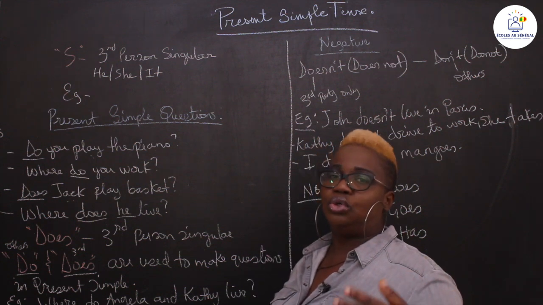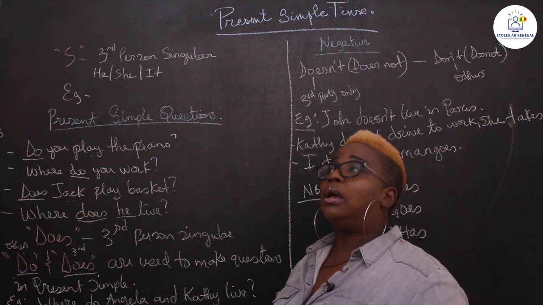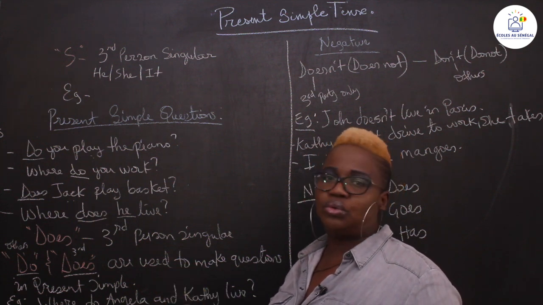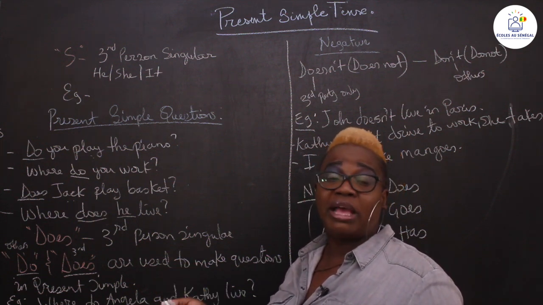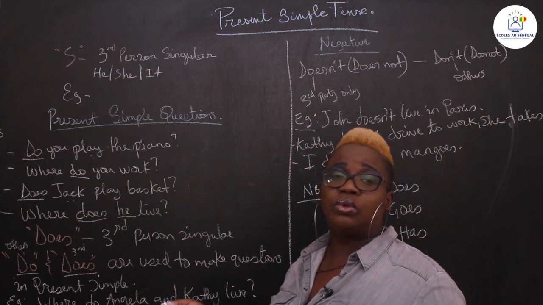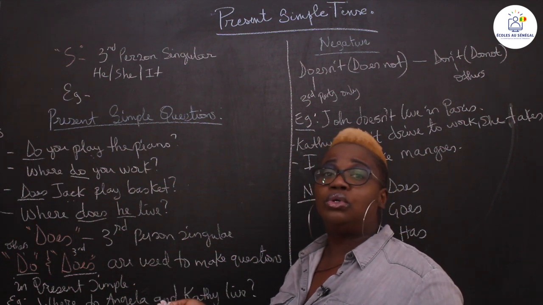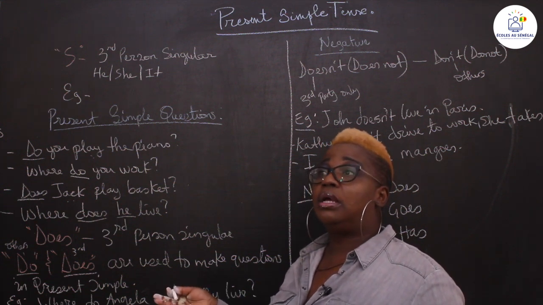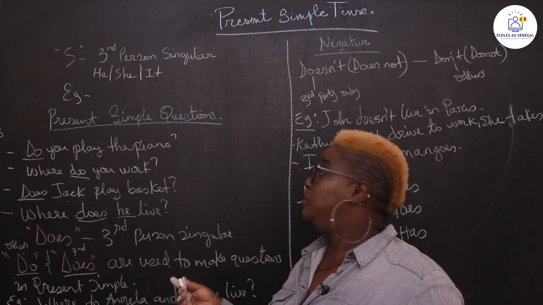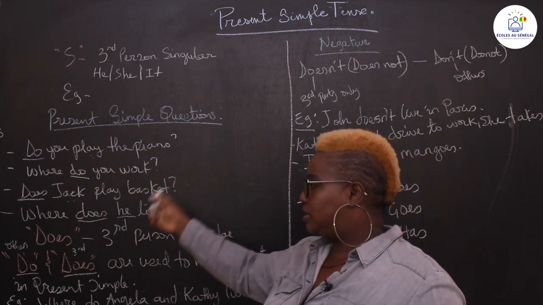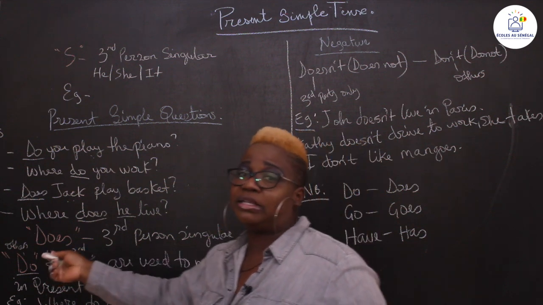I, you, they, we. You would use do. Do they play basketball? Do they love pasta? But if it were a third person singular, does she love pasta?